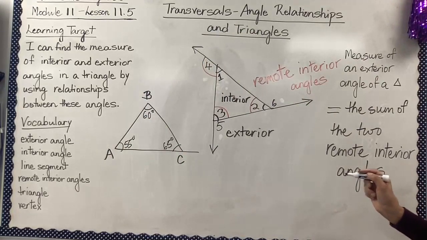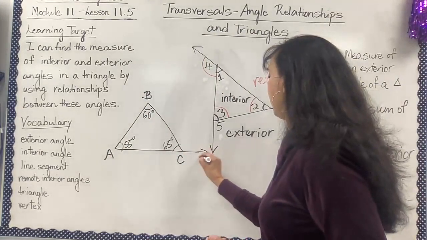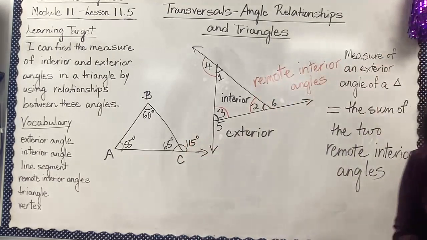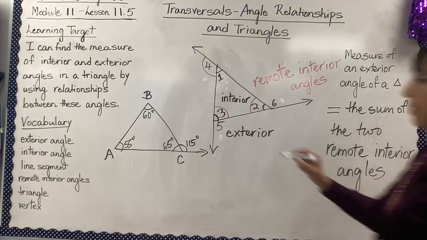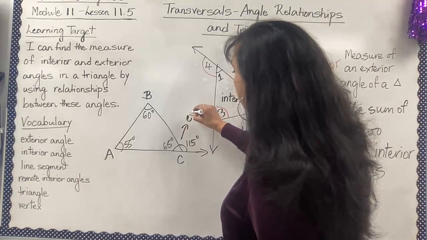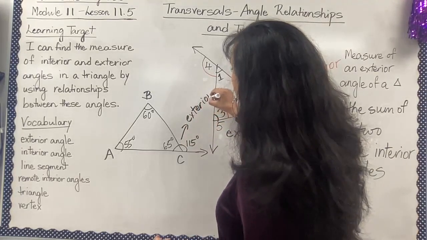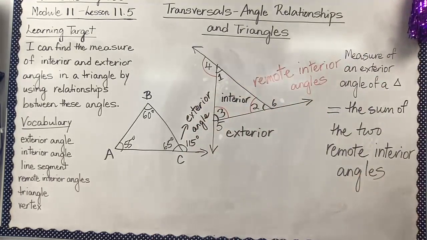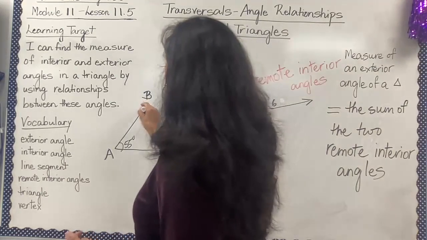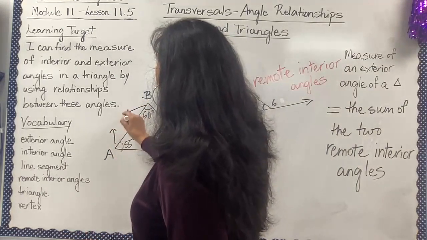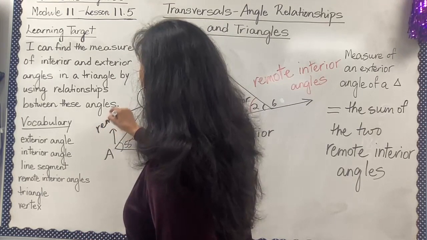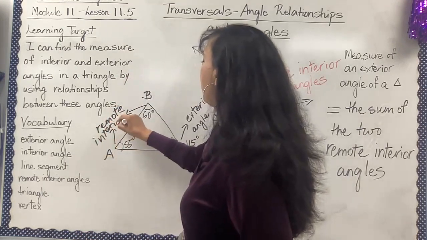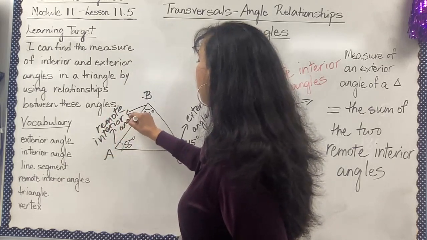And then I have this one as 115 degrees, if that is given to me. Remember, this is my exterior angle. And then these two angles, this one and this one, are my remote interior angles.